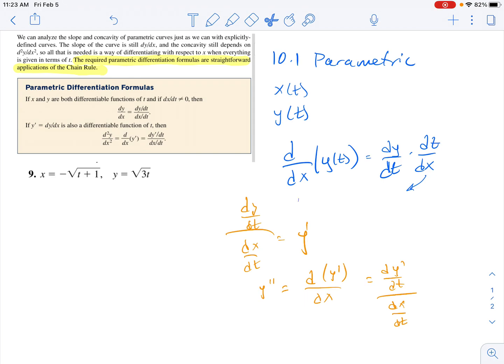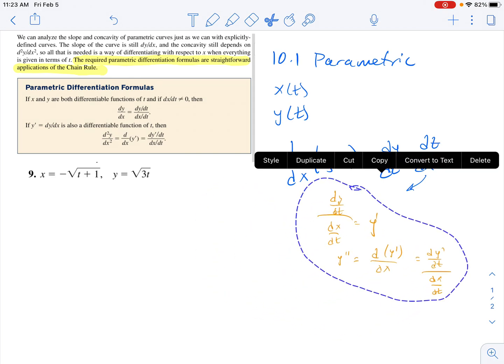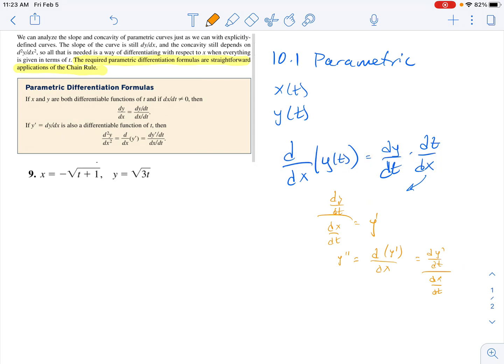Now that we have that solidified, we can go ahead and do an example problem. For this example problem in the book, there's some confusion because it looks like this square root goes all the way over the t. We're going to act like it doesn't, like it ends just before, and only this square root of 3 has it there. So let's find the first derivative: dy/dt over dx/dt.